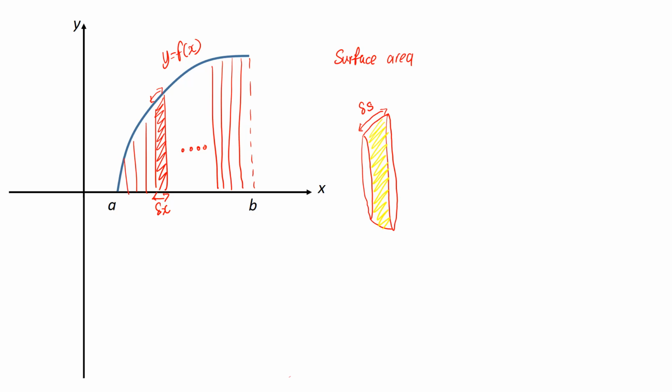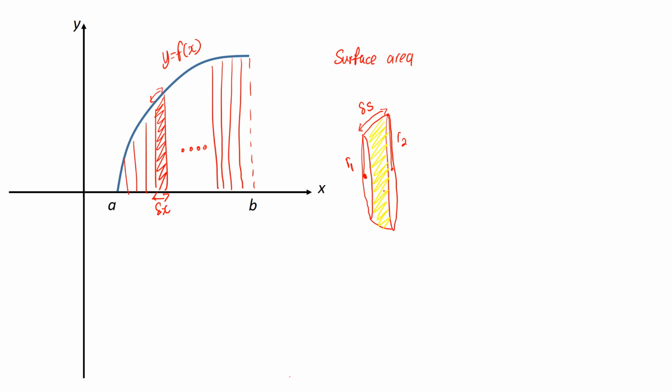Now, how about the radius? Because it is part of a circular cone, there is a radius here. Suppose I call it R1, and then there's another radius here, a different value called R2. Now R1 and R2 are different. Then how do I go about finding the surface area which I have shaded in yellow?